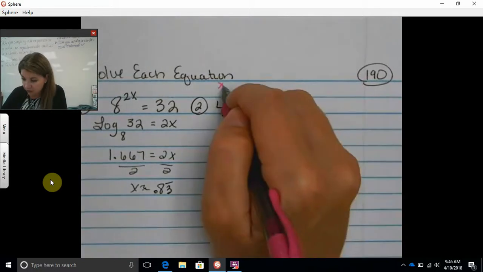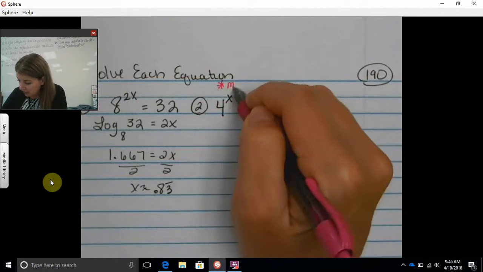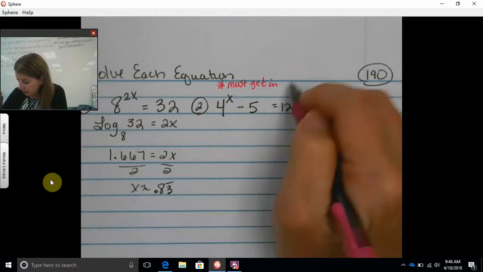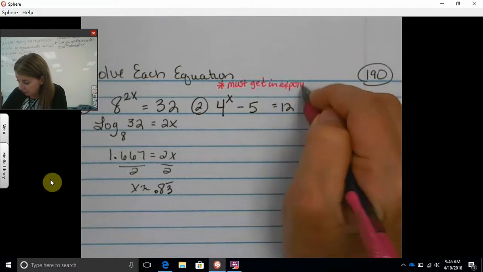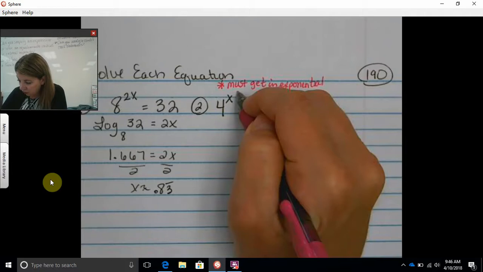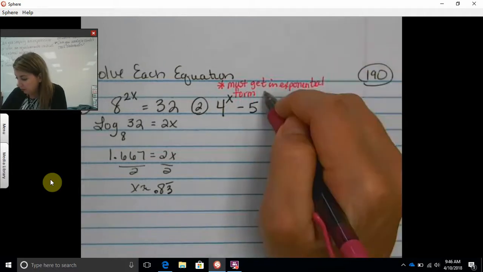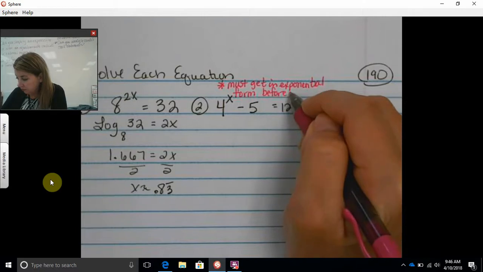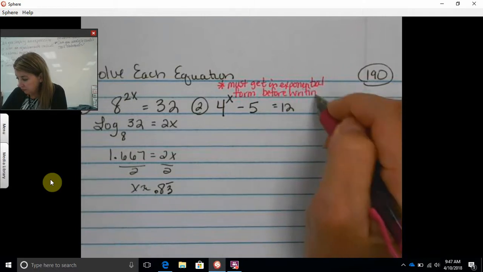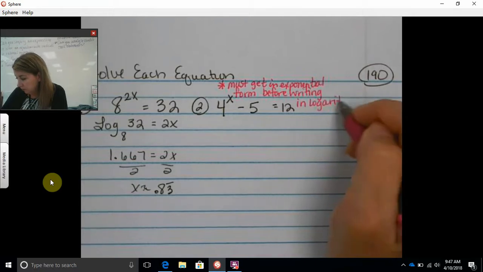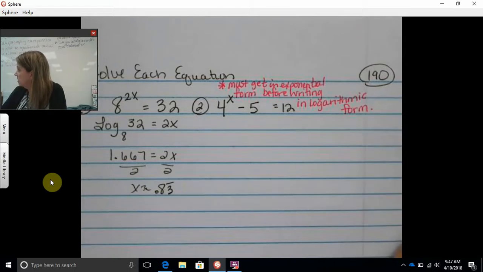So if you want to make yourself a little note, I said: must get in exponential form before writing in logarithmic form.